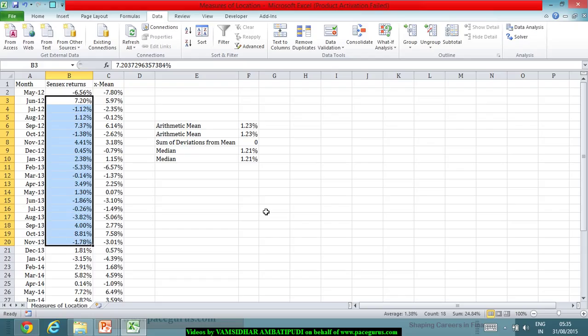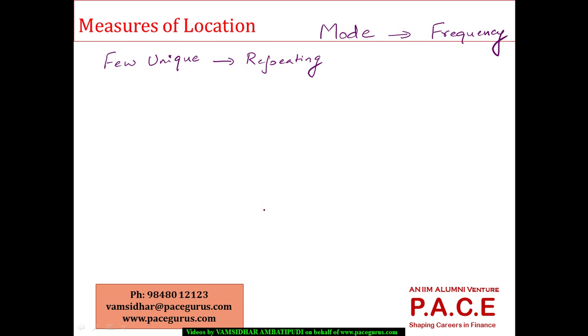So one way of identifying the mode is to compute a frequency distribution for each of the observations, and whichever observation comes out the maximum number of times, whichever has the highest bar, we say that is the mode.